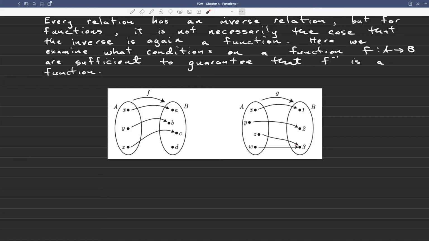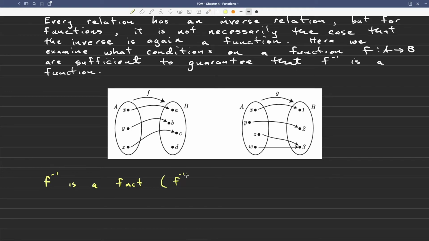So what property does g not have that f does have that allows f to be invertible? For f, it's easy to see. All these arrows, you just simply turn them around, right? And you got at least a function, not from all of B to A, but at least from a subset of B back to A. So f inverse is a function.